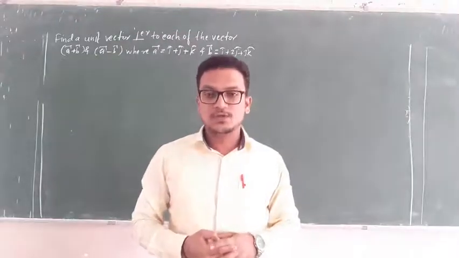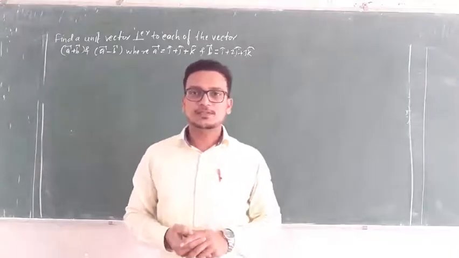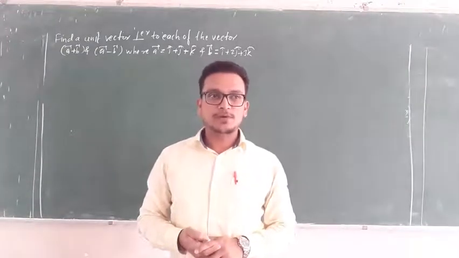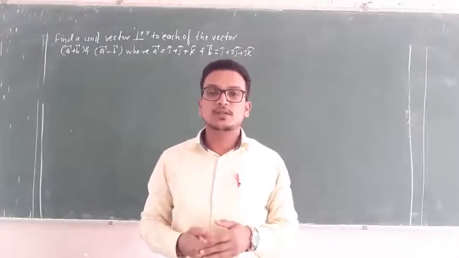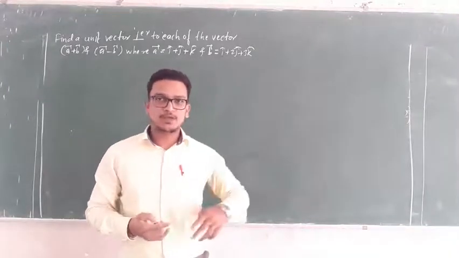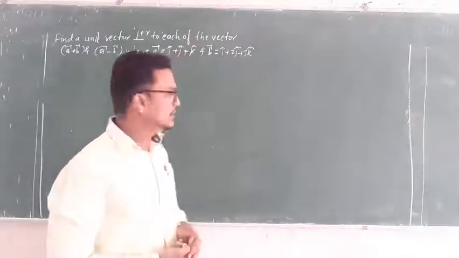Hello friends. In the last video we saw the second type, that is vector or cross product properties, and two more examples. One more example we are going to solve based on the same type, which is important from the examination point of view for 3 marks.